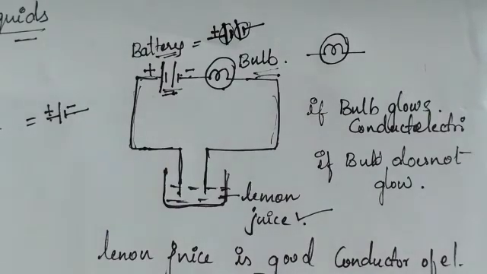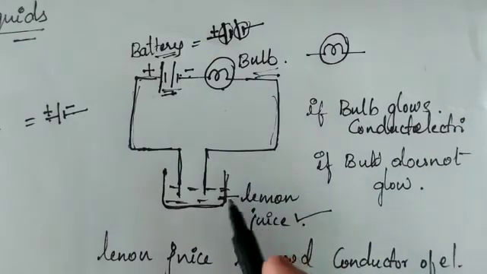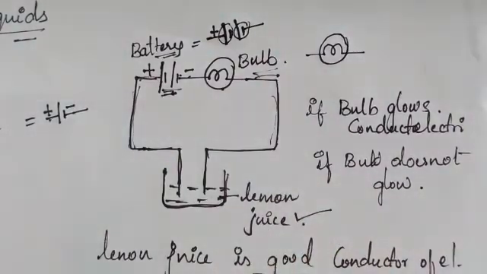Till today's class we have learned that lemon juice is a good conductor of electricity, since the bulb glows, which means electricity is passing through.